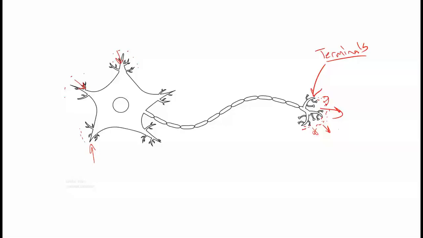If there's enough force, so to speak, to get one to fire, it will start a chain reaction, and as long as the force that it's exerting on the subsequent neuron is strong enough, the neuron will send an action potential, and then it will transfer to the next one, and then to the next one, and then it can spread out throughout a whole network of neurons to go to different places and do different things. All right, so that's a little bit about what we got going on here.